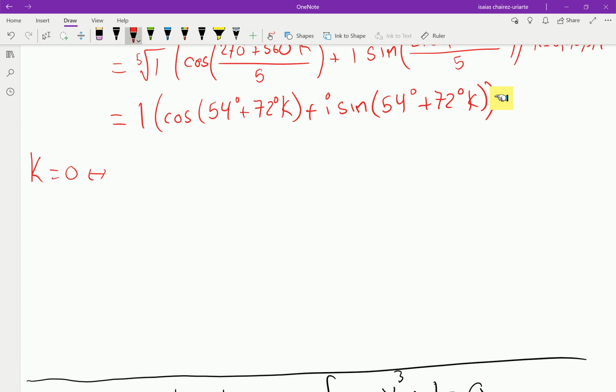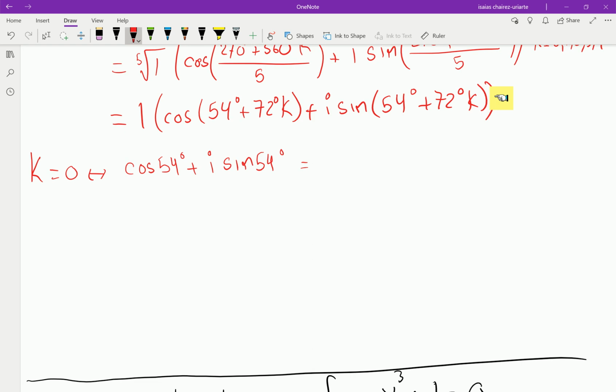I'm going to get cosine of 54 plus i sine of 54, and there is an equivalent rectangular form.